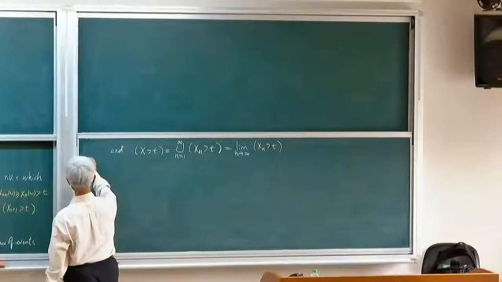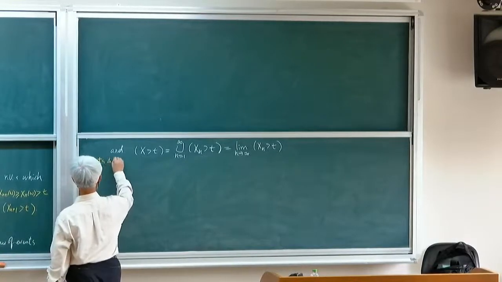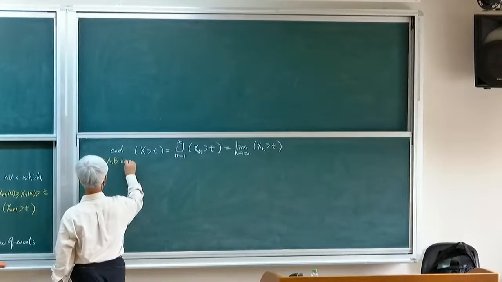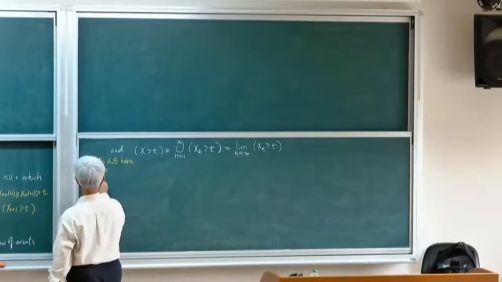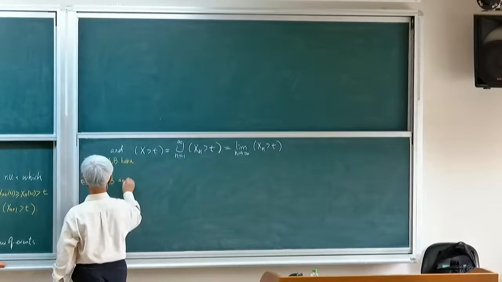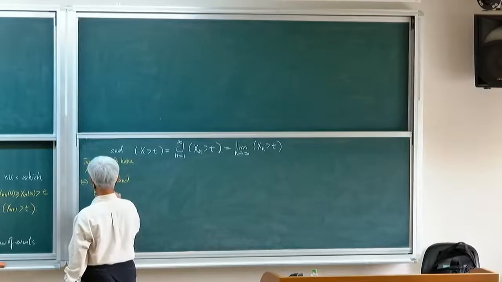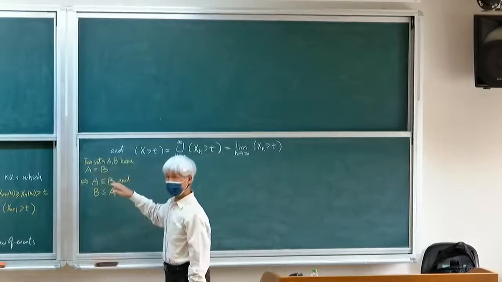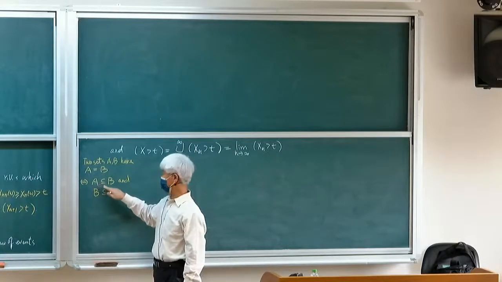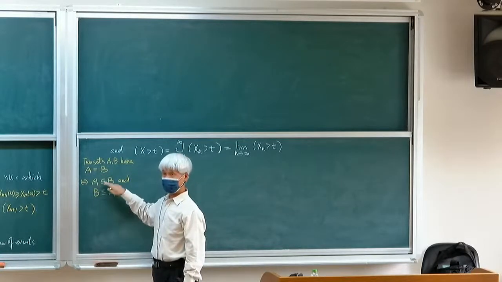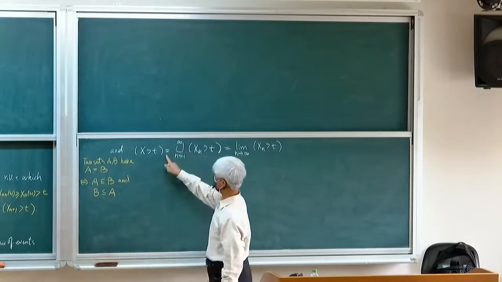We know two sets A and B satisfy A equal to B if and only if A is included in B and B is included in A. So to establish the equality of two sets, usually you establish these two inclusion relationships.